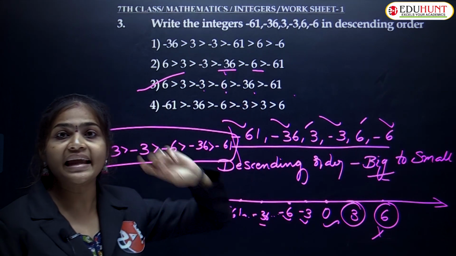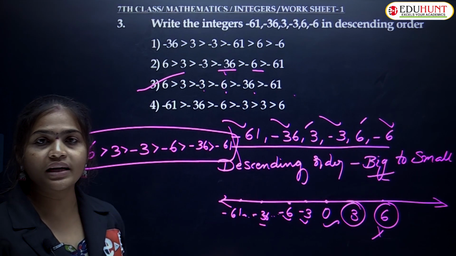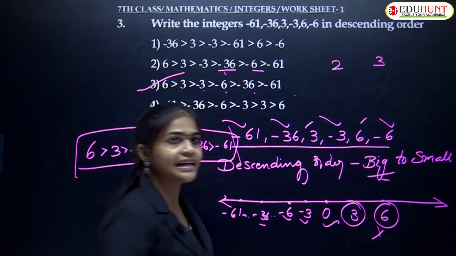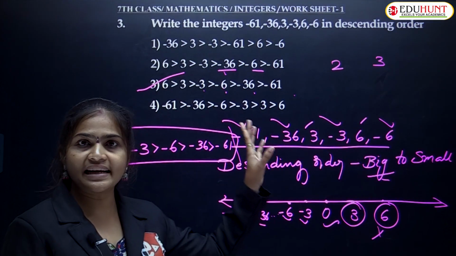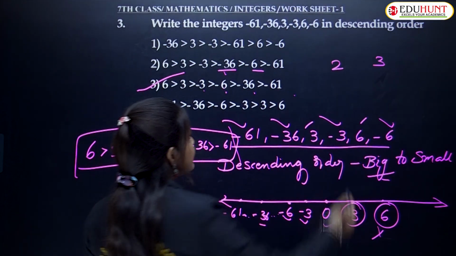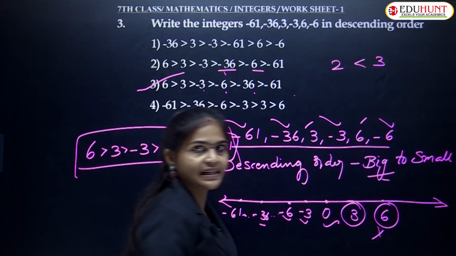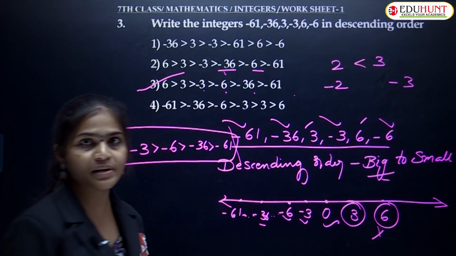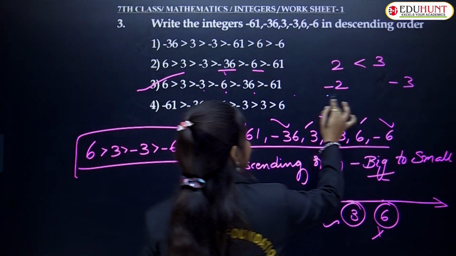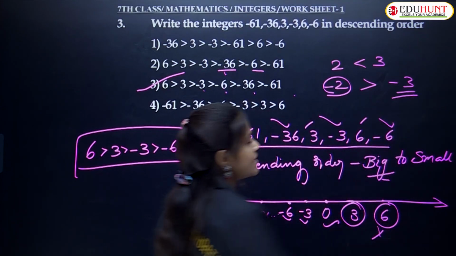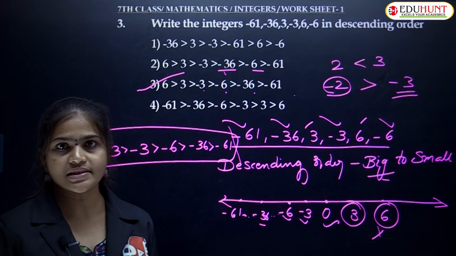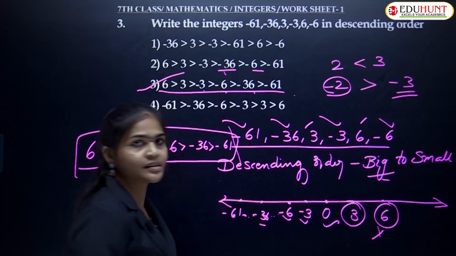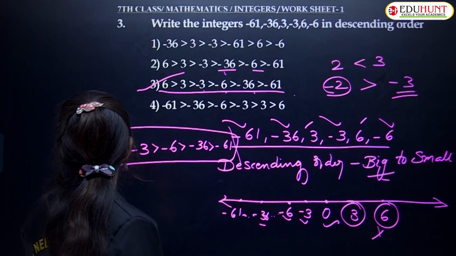While comparing any two negative integers, just for example, comparing 2 and 3, which one is the greatest? 3 is greater than 2. Simply we can say 2 is less than 3. For example, here minus 2 and minus 3 are there. In that case, what symbol will you write? Minus 2 is greater than minus 3. Understand? That is the difference. So which option is correct here? Option 3 is correct. Am I clear to you? Yes. Let us see here.